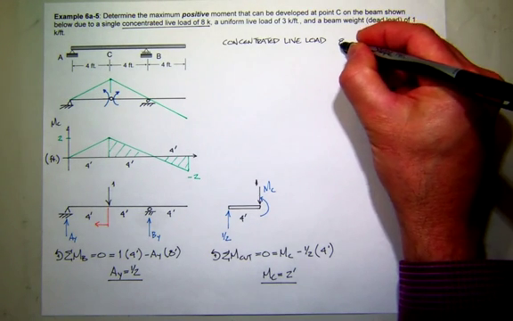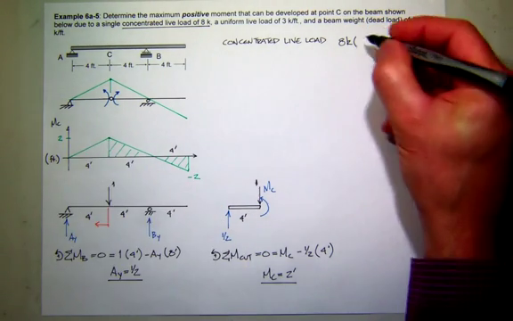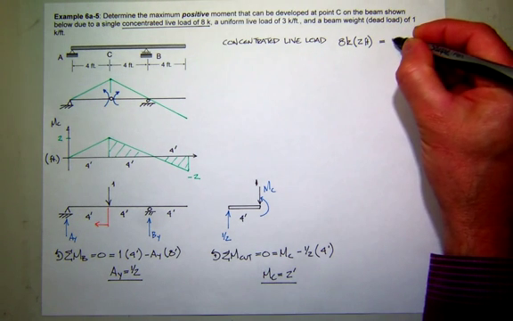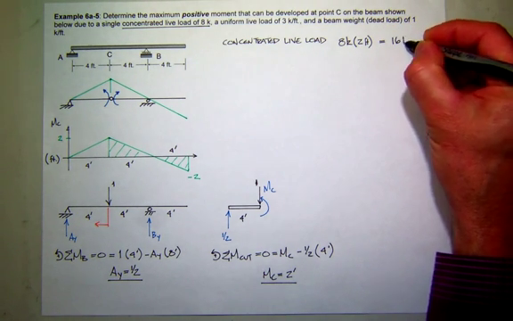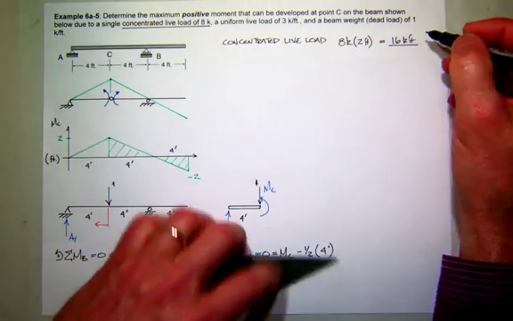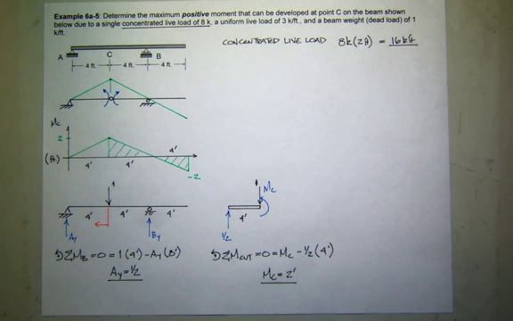It would be 8 kips times this ordinate, which is 2 feet. So that tells me that the moment produced there will be 16 kip feet. So that's the contribution to the maximum moment at C due to the live.